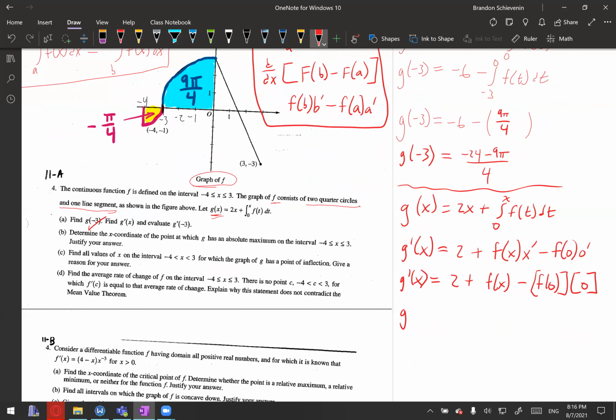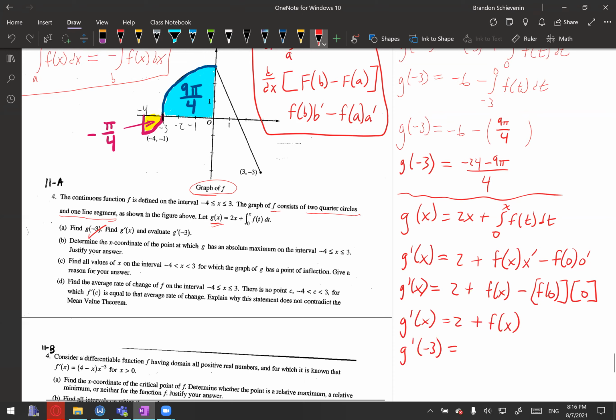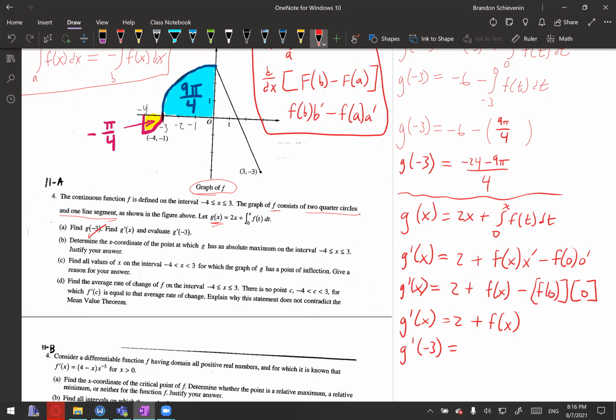So I could say the general form for g prime at any x value is 2 plus our y value showing on the graph. Okay, last step, I'm going to plug in -3. And we should get our answer there. So this is 2 plus the y value showing on the graph at -3. Maxine, can you finish this off?